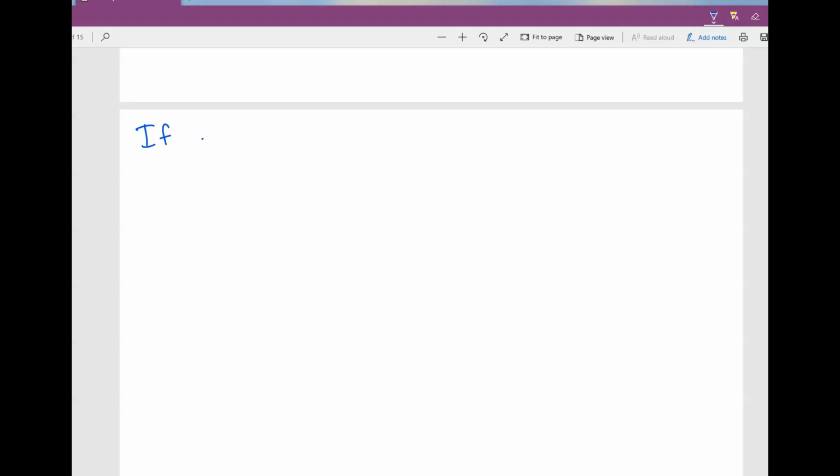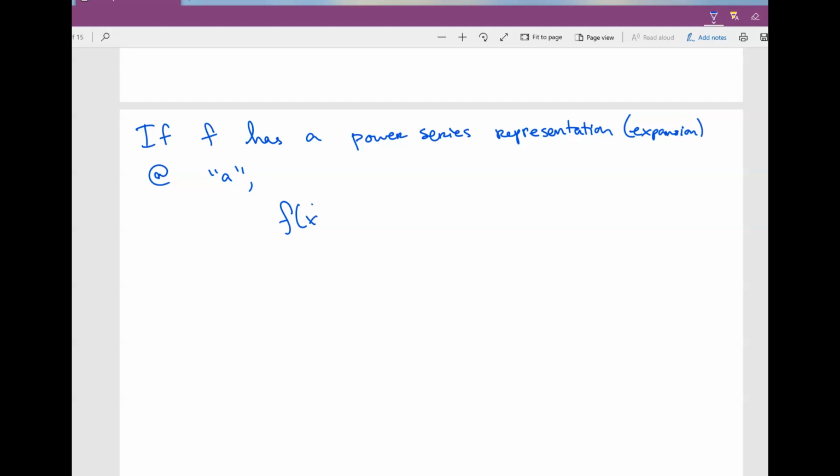If f has a power series representation, and we're going to call this expansion at a, then f of x is equal to the sum from n equals 0 to infinity c sub n x minus a to the n, okay?